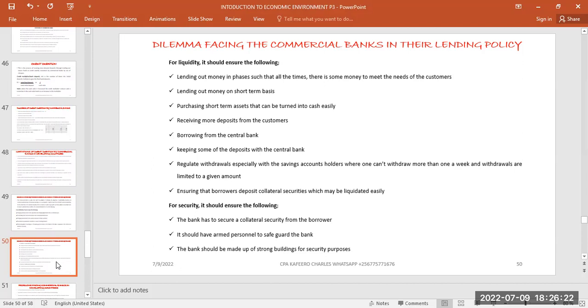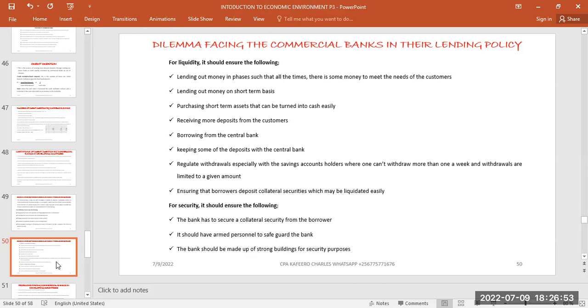If you are lending out, you budget, say for 1 month, on the amount that is there, and see how much you are going to give every month or every year, depending on the demands of your customers. Then the other one is lending out money on a short-term basis. When you lend out money short-term, we expect you will receive that money back in a very short period of time. So by the time the customers need their money, the money will be available.